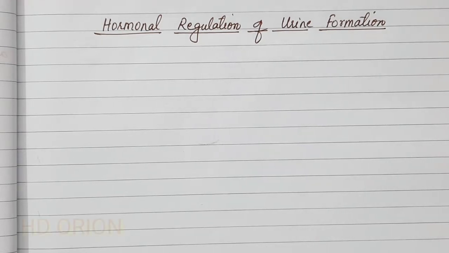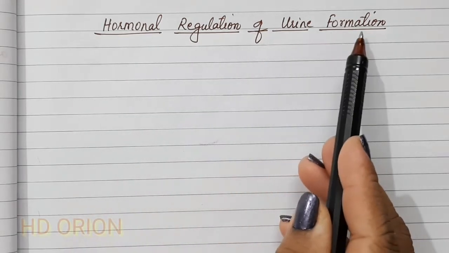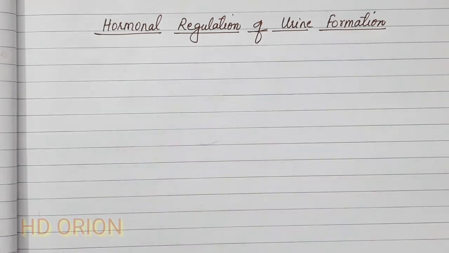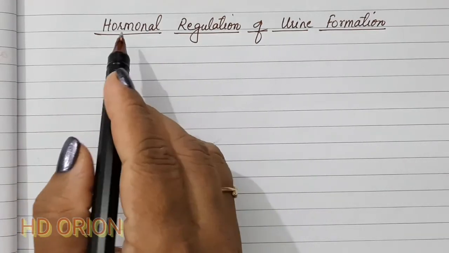Hello everyone. In this video we are going to study the hormonal regulation of urine formation. Now there are two feedback mechanisms by which the function of kidneys takes place with the help of hormones.